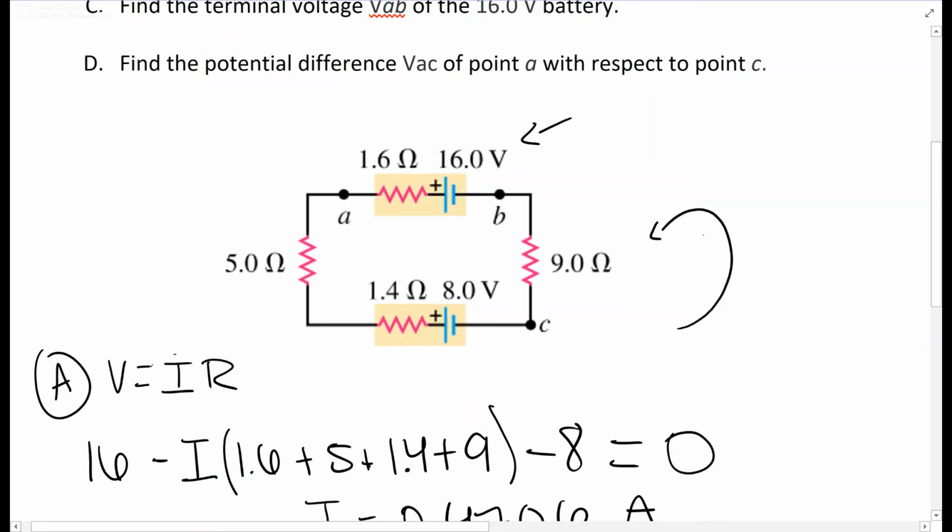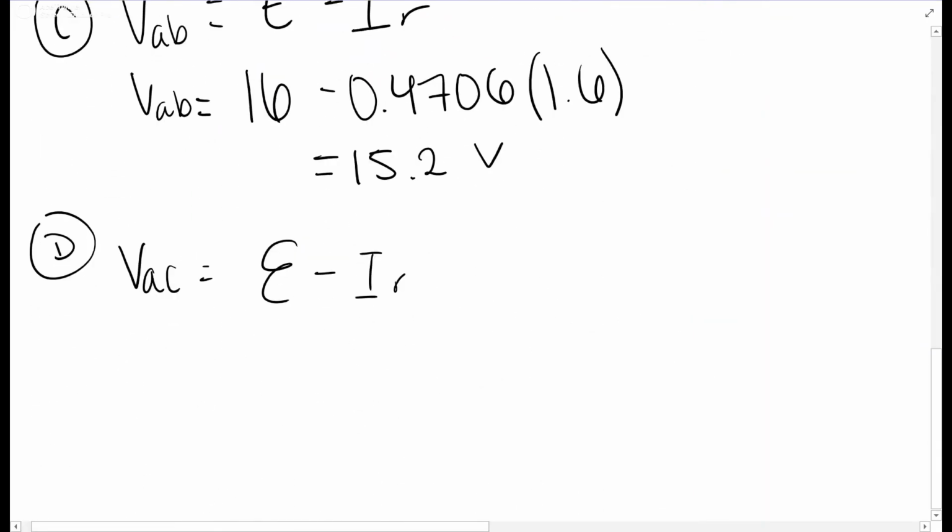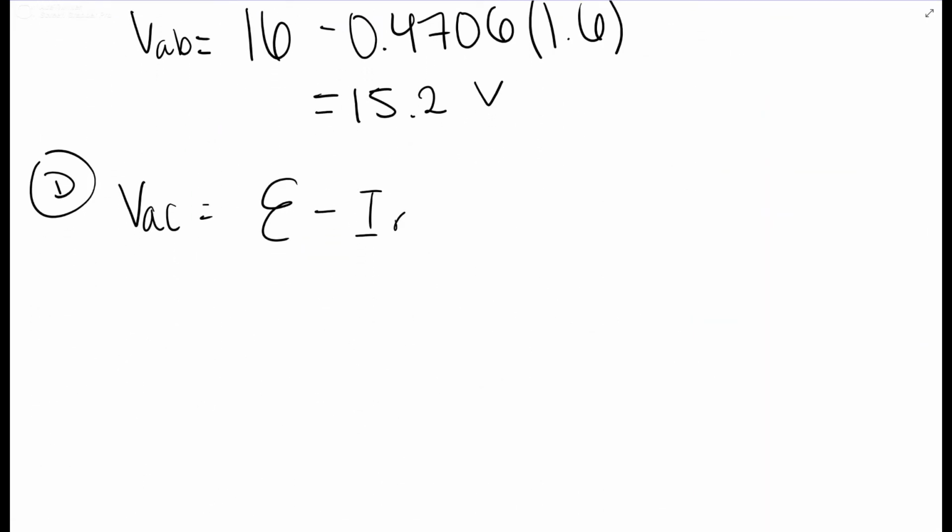So technically, with AC, you're supposed to go C to A, just how in VAB we went B to A. So going B to A like this, we went through our motion. So we're going to go through our motion this way. You can also go backwards from C to A if you want to do that, but you just have to change the sign of it. We are going to go our normal direction.